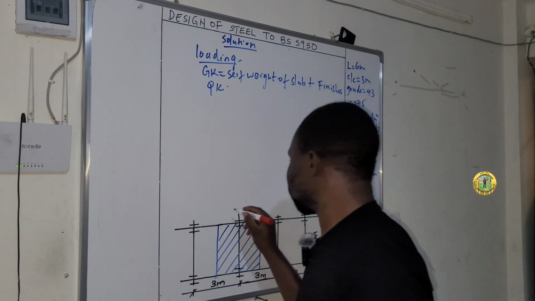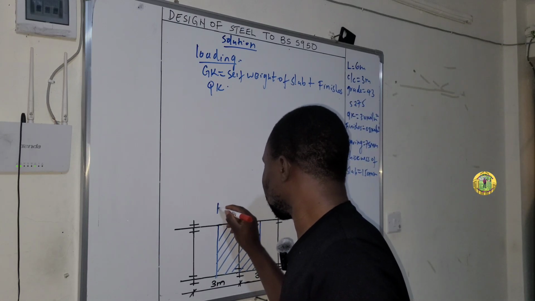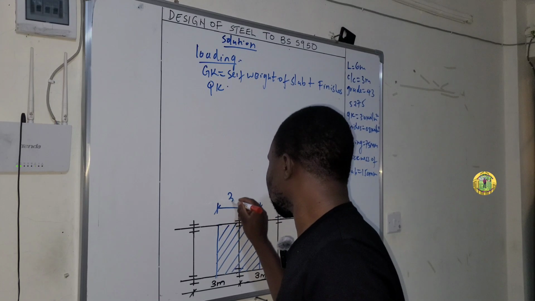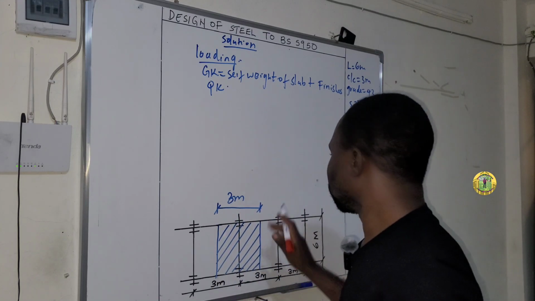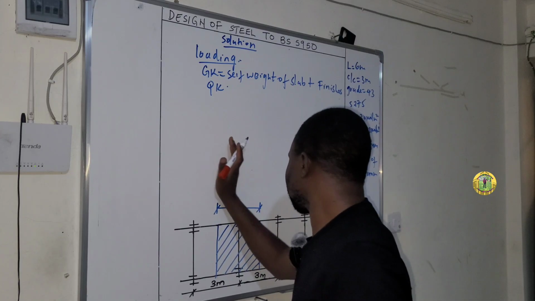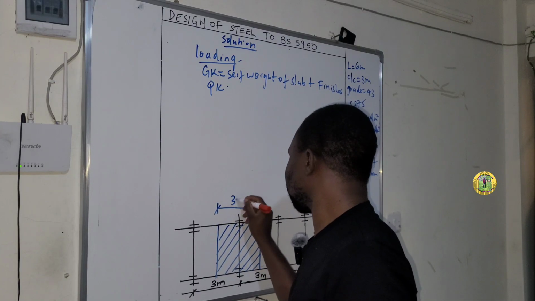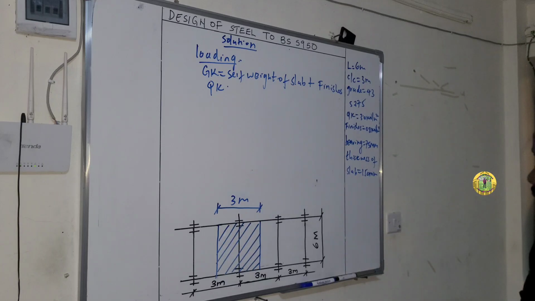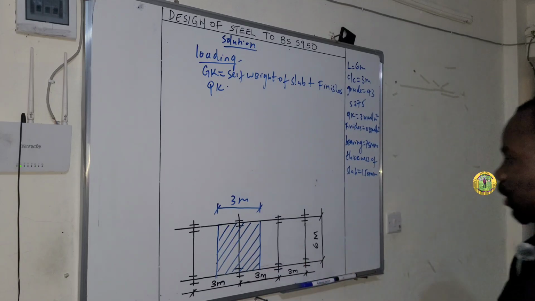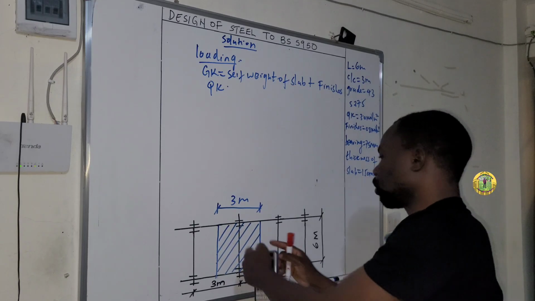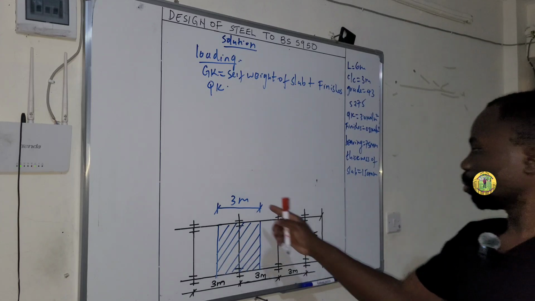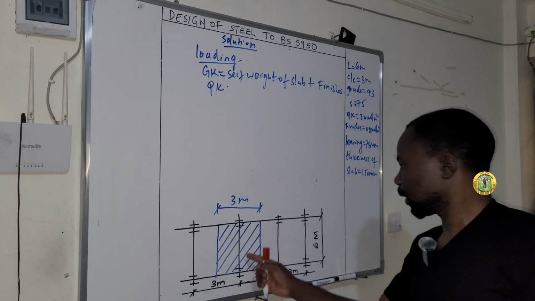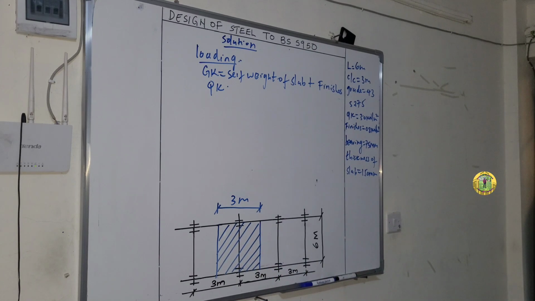The distance of this area from here to here is 3 meters, because a half of this 3 is 1.5, and also a half of this is 1.5. So if you add 1.5 plus 1.5, you'll get 3. So this is the area supported by this beam.